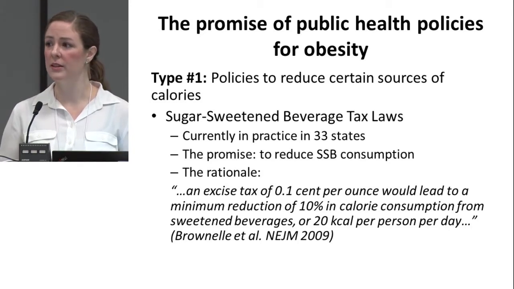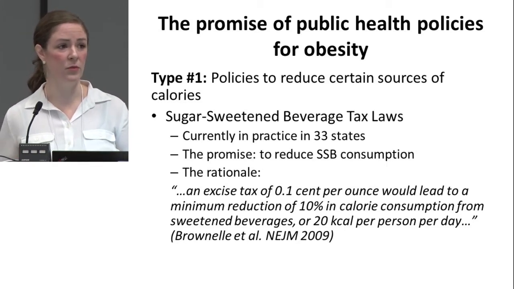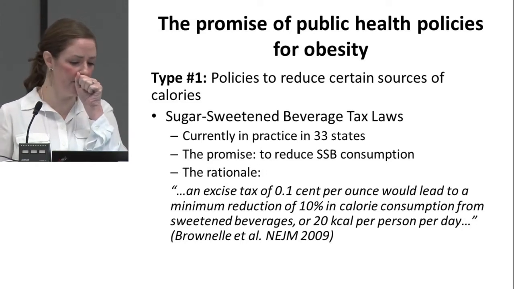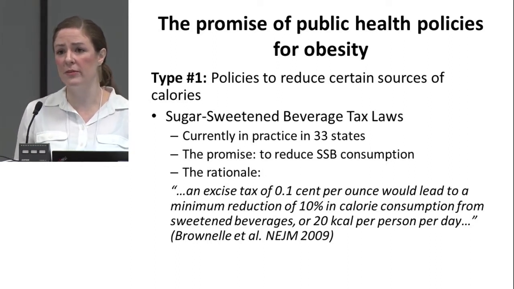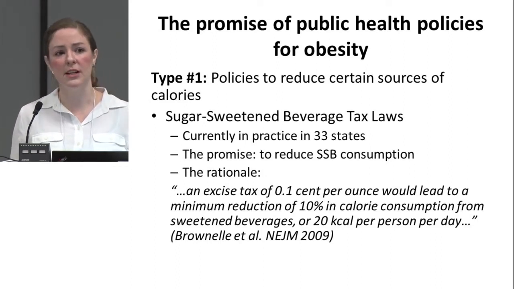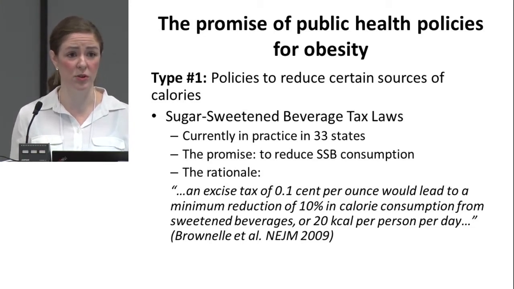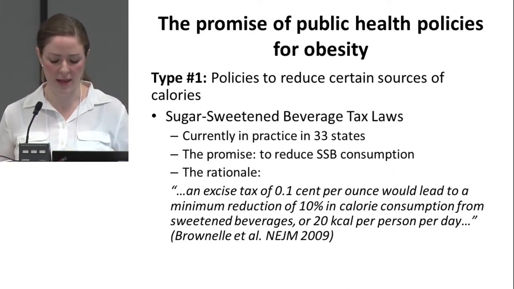And the rationale is that if you tax sugar-sweetened beverages, then that would reduce calories from sugar-sweetened beverages. And we do have some data to suggest that taxing sugar-sweetened beverages will reduce, most of the studies report, between 20 and 40 calories of consumption of sugar-sweetened beverages. And so we have some data to suggest that things get that far.